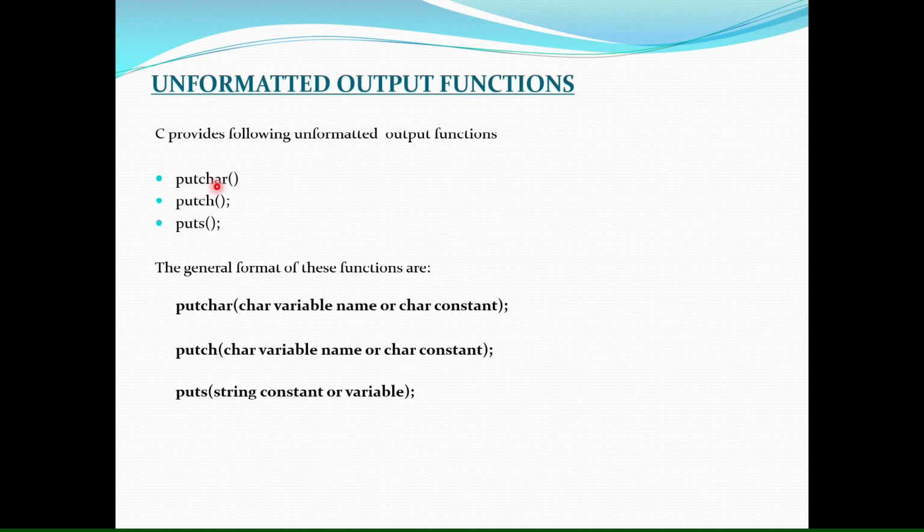So putchar, put means display a single character on the screen. So this putchar function is used to display a single character on the screen. Similarly, this putch function is also used to display a single character on the screen. यानी दोनों फंक्शन सिंगल कैरेक्टर स्क्रीन पे डिस्प्ले करते हैं.